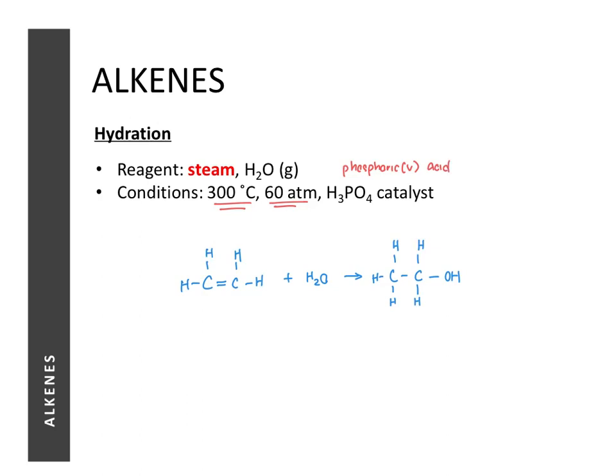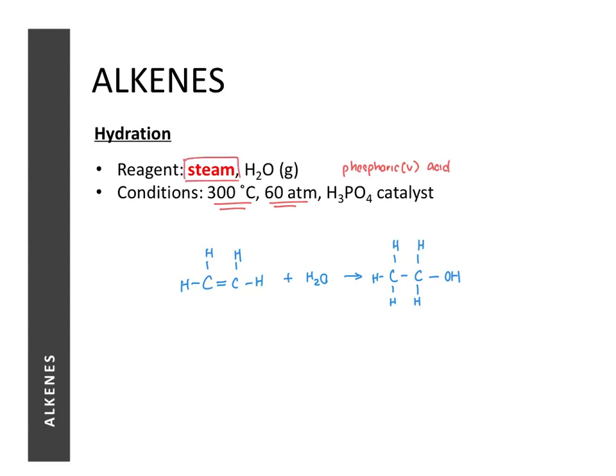Now if you take note of the temperature and the pressure, 300 degrees Celsius, 60 atmosphere, as a student, I remember it as 360 degrees, which is the angle for a complete circle. The other thing is this, 300 degrees Celsius. If you are adding water, are you really adding water? The answer is no, you are adding steam.